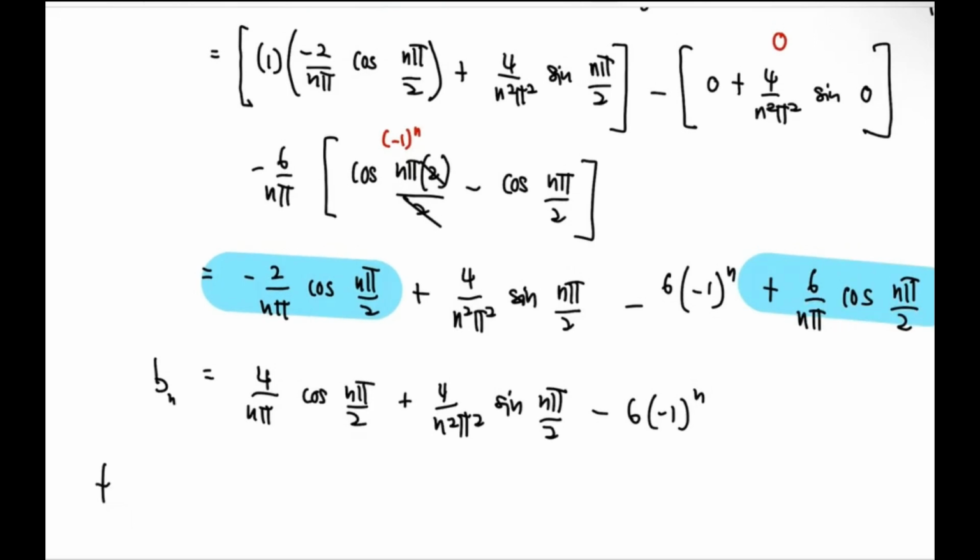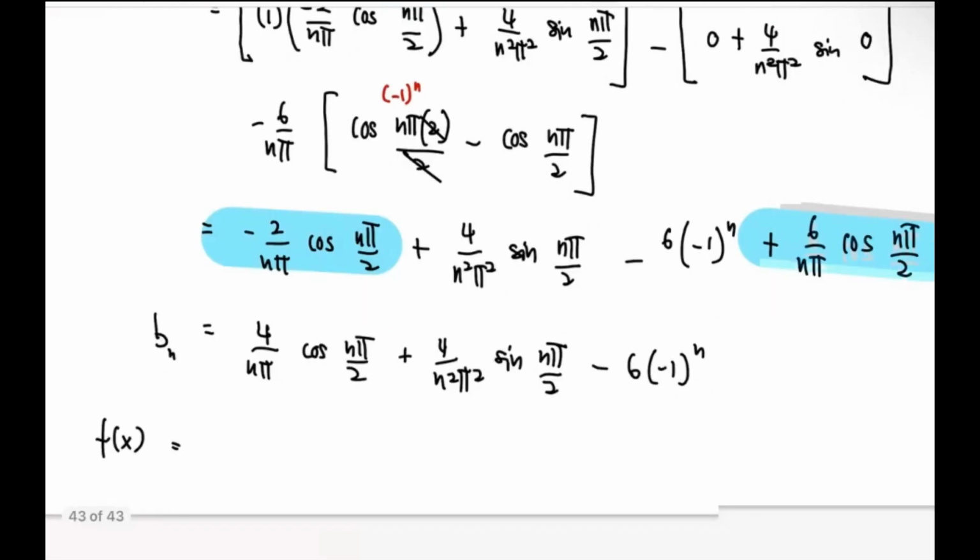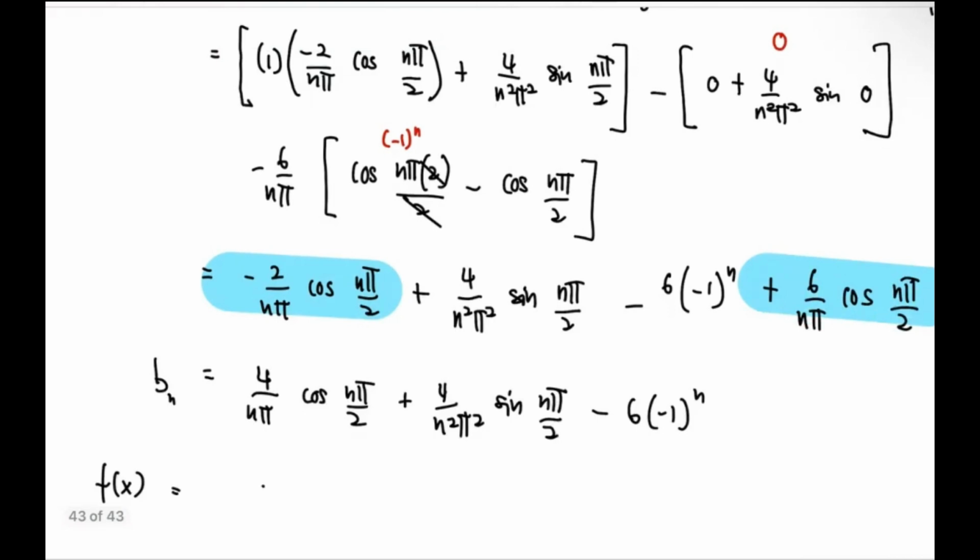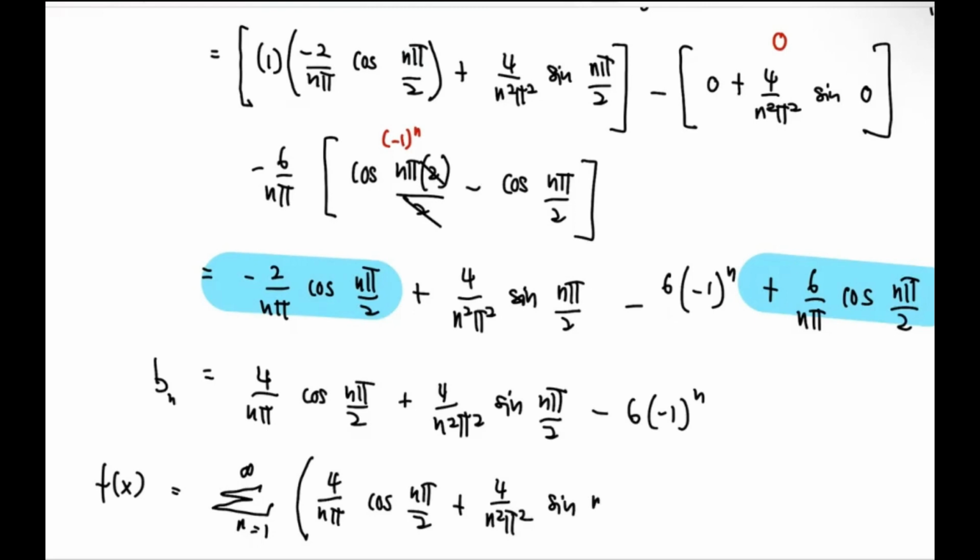Lastly, f(x). Rewrite this in the Fourier series with the coefficient. So this is the summation from n equal to 1 to infinity of Bn. So this is our Bn. Open the big bracket: 4 over n pi cos n pi over 2 plus 4 over n square pi square sine n pi over 2 minus 6 negative 1 to the power of n. Close the bracket.